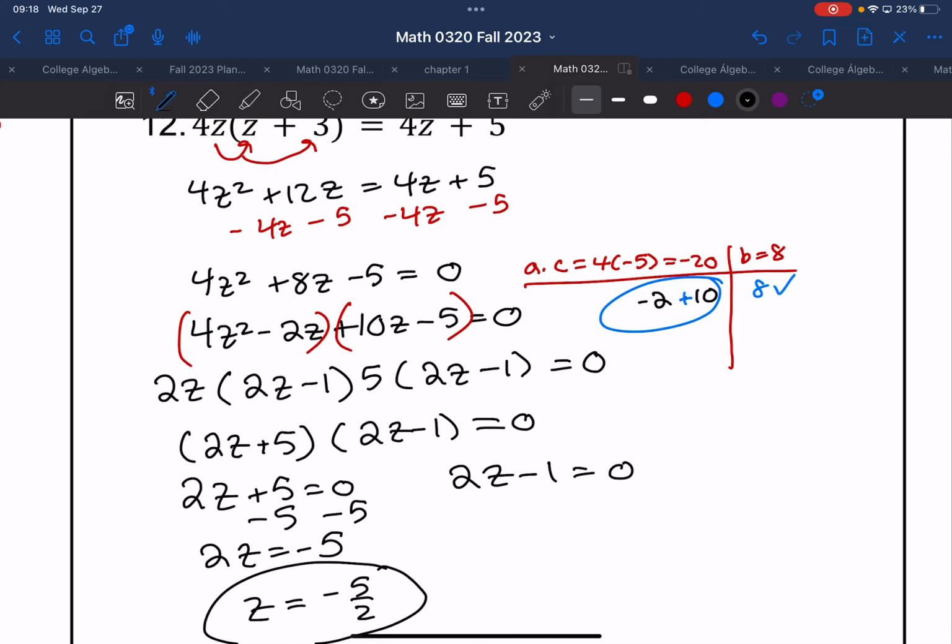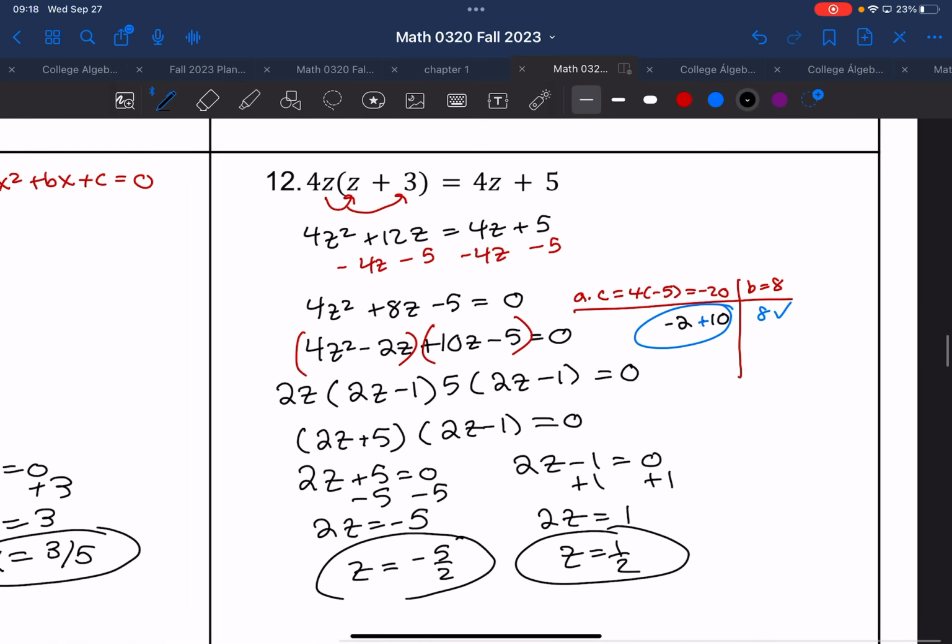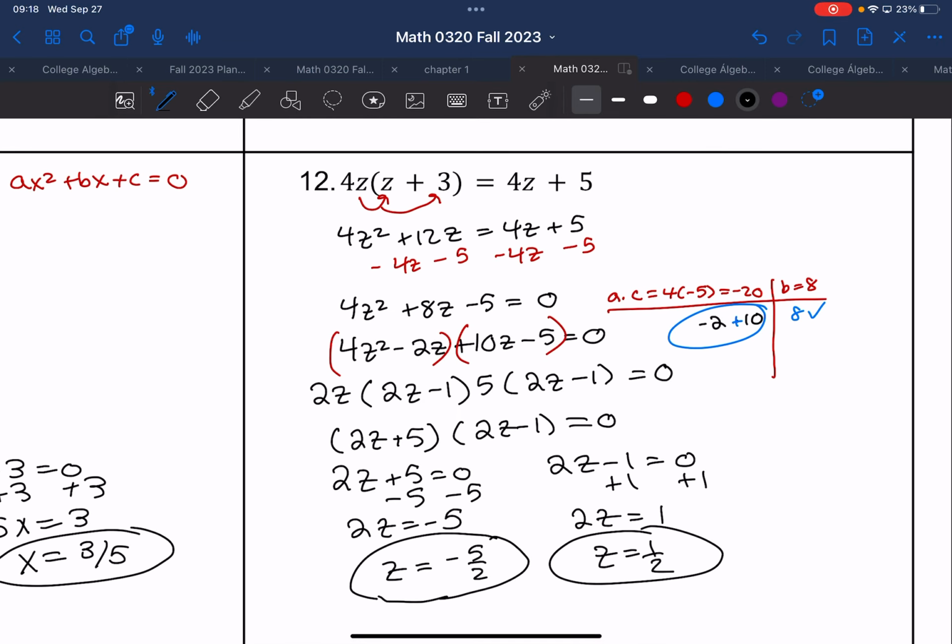For the second part, I'm going to add 1 to both sides, and I get 2z is equal to 1. Then I'm going to divide both sides by 2, and I get z is equal to 1/2. So I have my answers of negative 5 halves and positive 1/2.